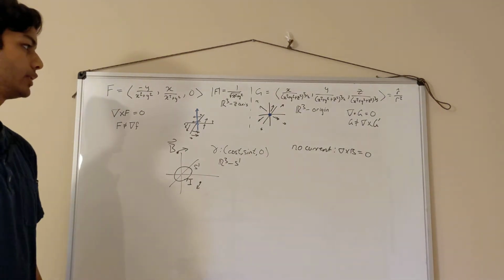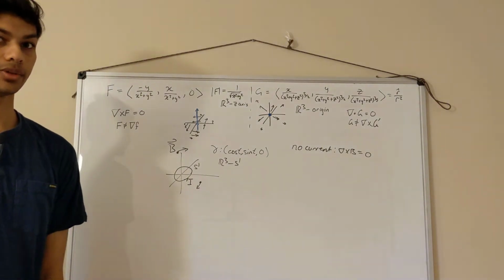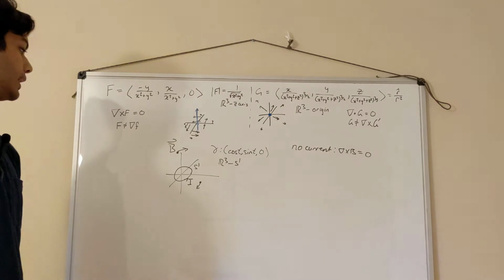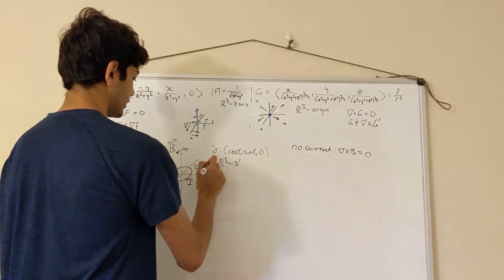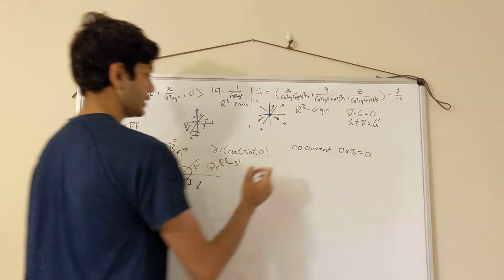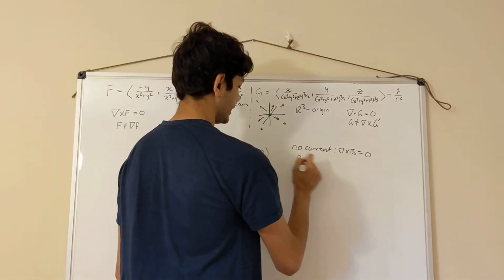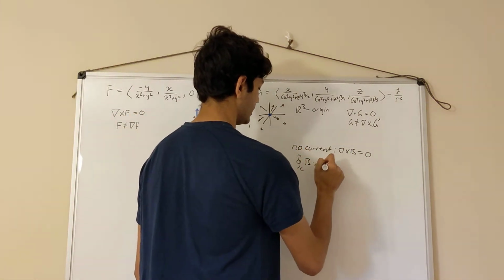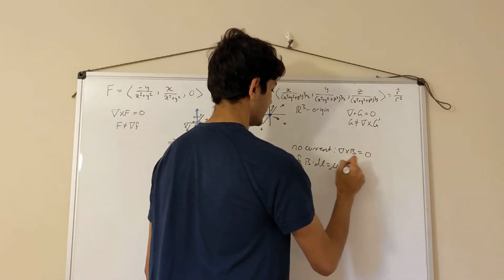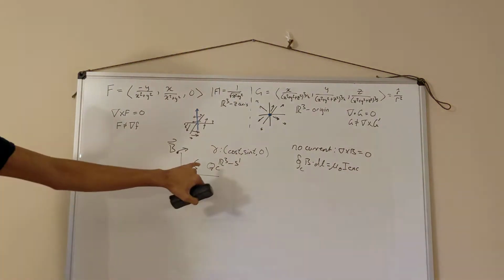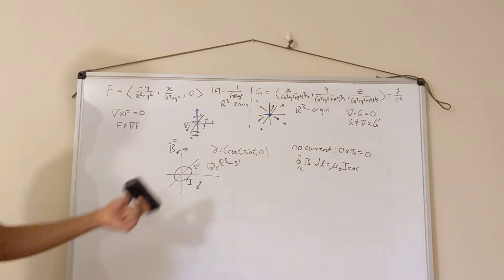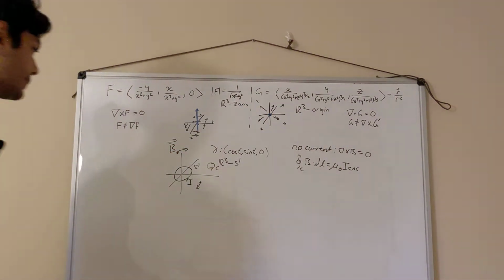And for this, we can use the integral form of Ampere's law. What that tells us is that if we have some loop C in our space, and we integrate B along this closed loop, then we're going to end up with mu naught times the current which is enclosed inside the loop. So in this case, there's no current going through the loop, so the integral around this loop is going to be equal to 0.